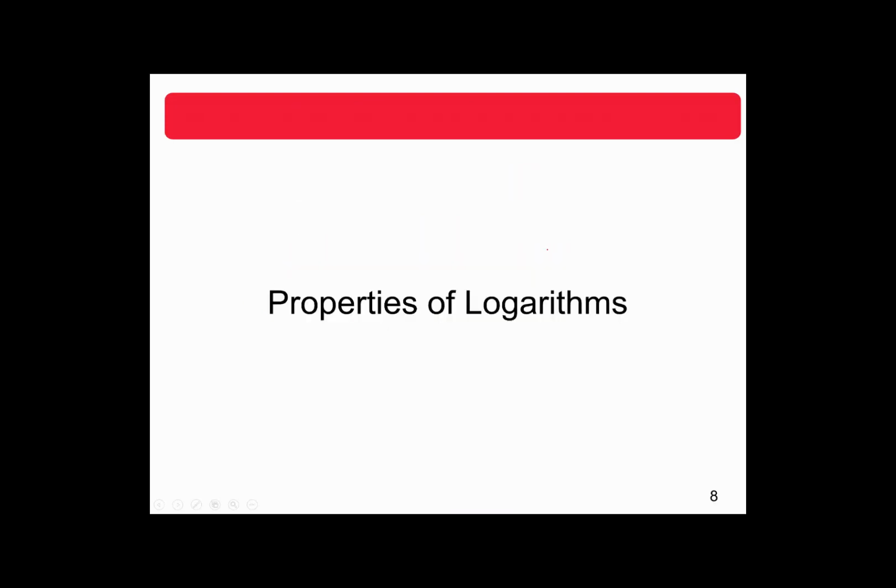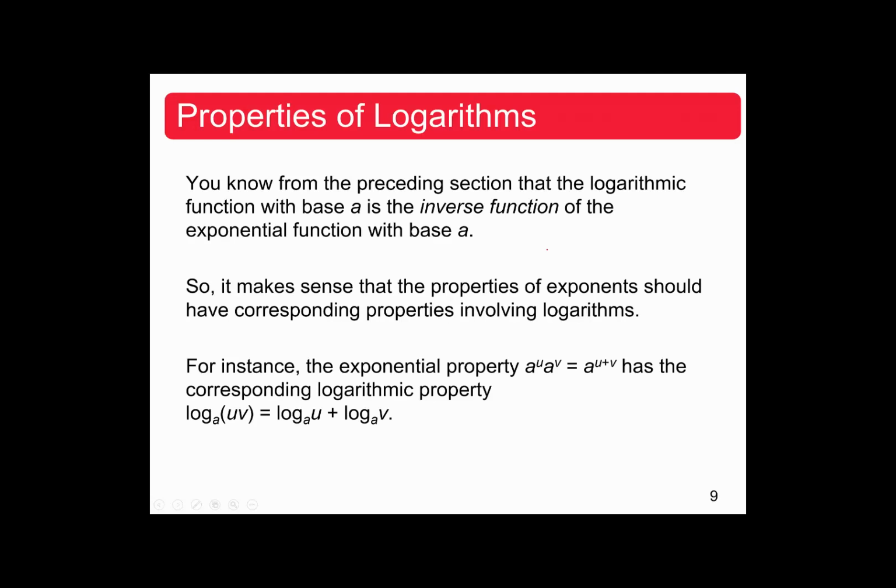Let's take a look at the properties of logarithms. You know from the preceding section that the logarithm function with base a is the inverse function of the exponential function. We talked about the inverse relationship between the logarithm and the exponential function. So it makes sense that the properties of exponents should have corresponding properties involving logarithms.